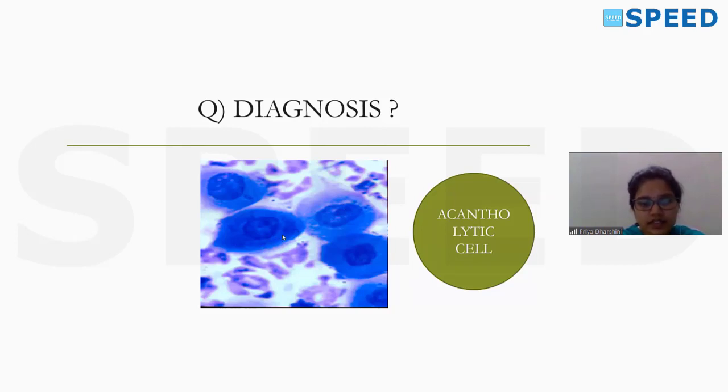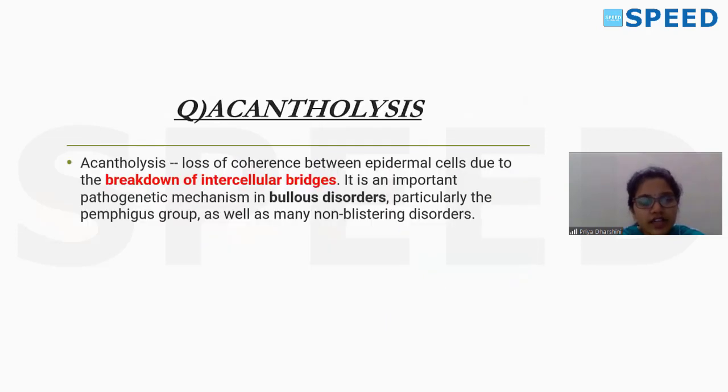We can give you this picture and ask what is the name of this cell or anything related to immunobullous disorder. So acantholysis is nothing but loss of coherence between epidermal cells due to the breakage of intercellular bridges. As I told yesterday, two keratinocytes are connected through intercellular bridges, which are made up of desmosomes.